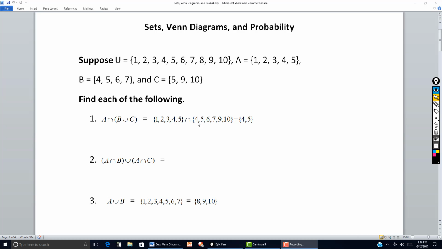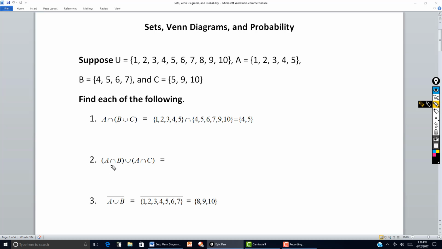So that would give me the set consisting of the numbers 4, 5, 6, 7, 9, 10. And then I want the intersection of that. The only two numbers common to both of those sets are 4 and 5. So that's your solution, the set consisting of the components 4 and 5.